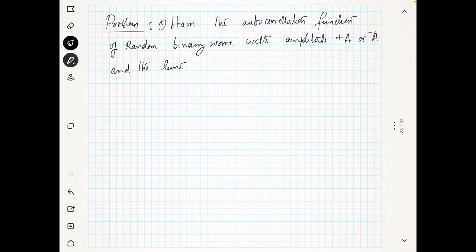So we are talking about a random process, and the time duration t, okay, time duration t.